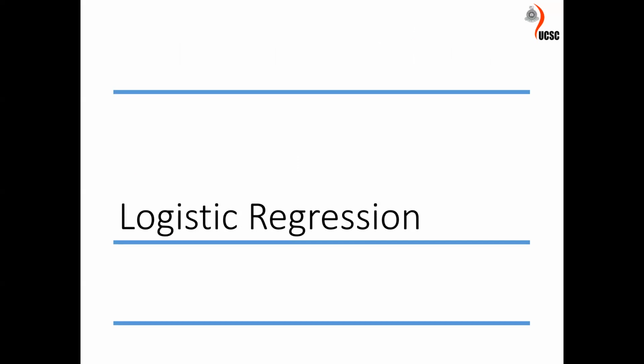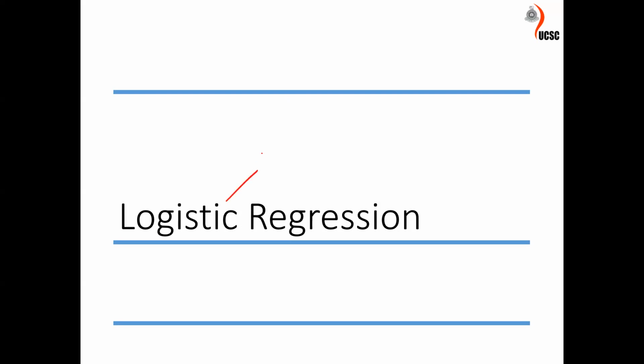If you have a multivariate linear regression, that means a set of dimensions, you can either use the gradient descent approach, or you can go for the normal equation. You can use the normal equation for the univariate regression as well, right? So now we're going to discuss logistic regression.